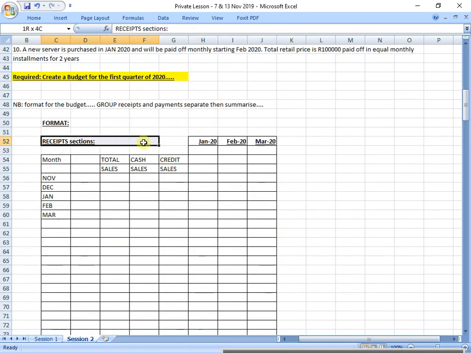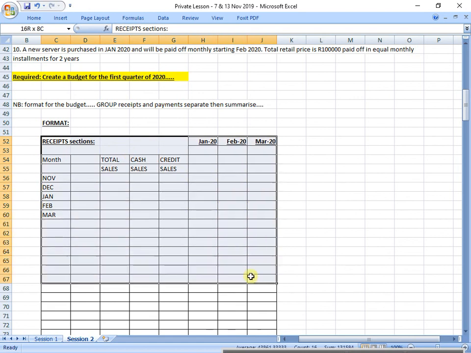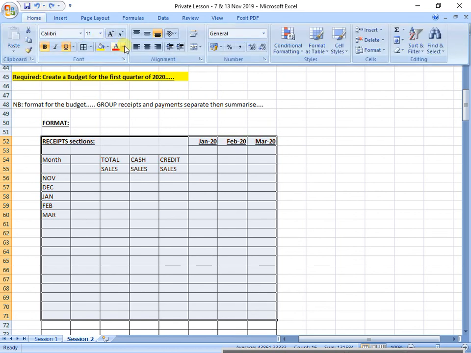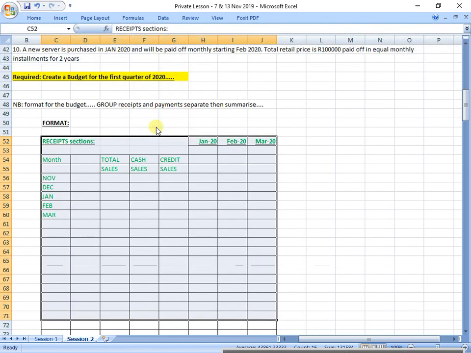So if this is the receipts section, and I've got January, February, and March, I need to predict what's going to happen in January, February, and March based on November, December, January, February, and March. So now I need to go look at the information. Remember, this section is looking at receipts or payments? Receipts.